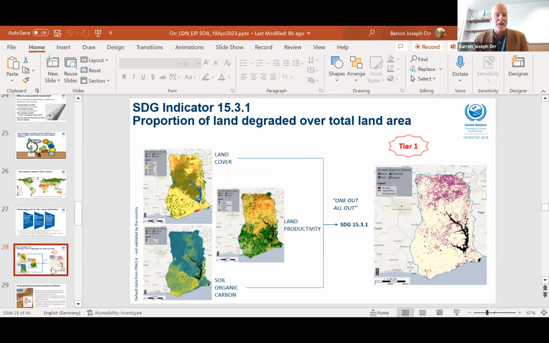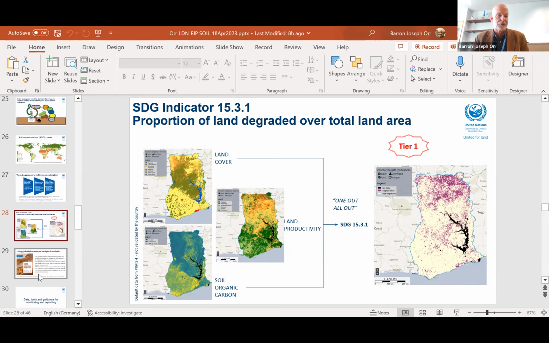These get integrated to create SDG indicator 15.3.1. It's called one out, all out. It basically means you have to be at least stable in all 3 indicators for stability. If one of them is degrading, then it doesn't matter whether the other 2 are doing well.